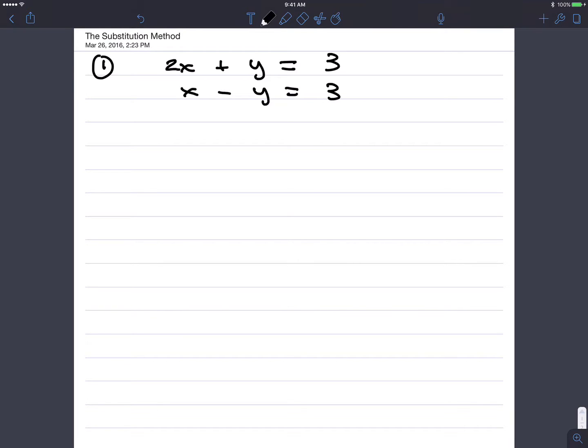We're going to work on the substitution method for our homework that we discussed in class. Now, the substitution method is just that. We're going to substitute, or we're going to replace.